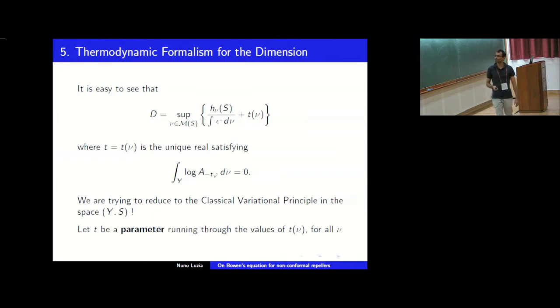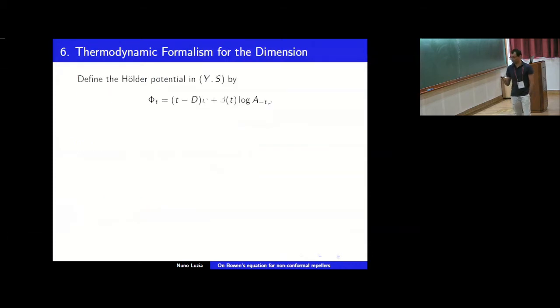So let us consider a parameter T, okay, that runs through the values of this function here, which is all the possible dimensions of the fibers, okay? Then we define this potential.